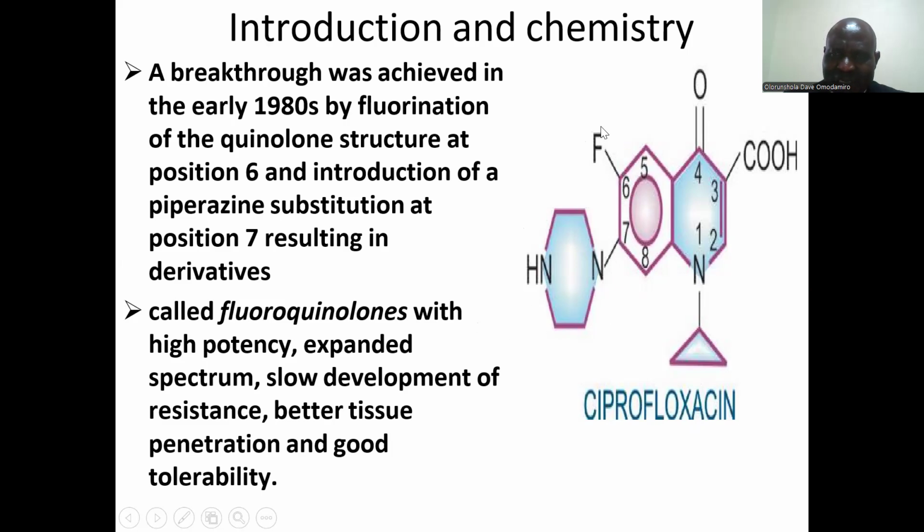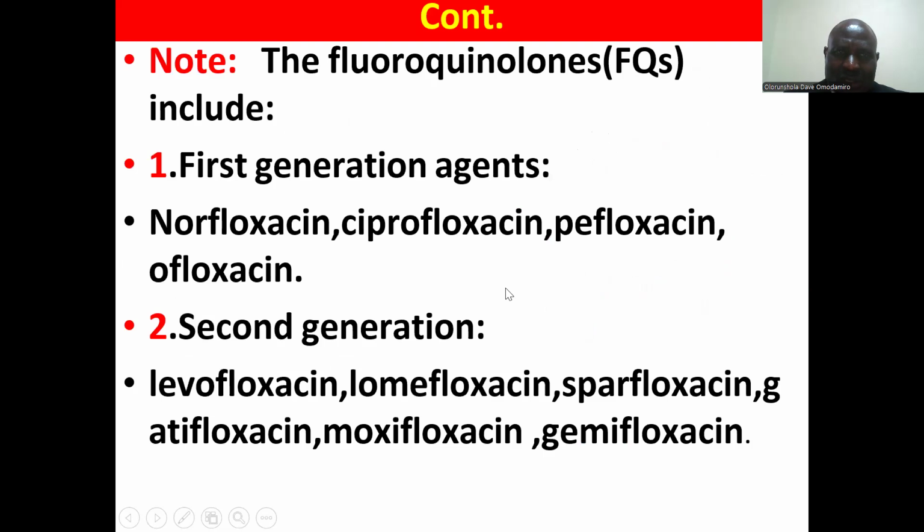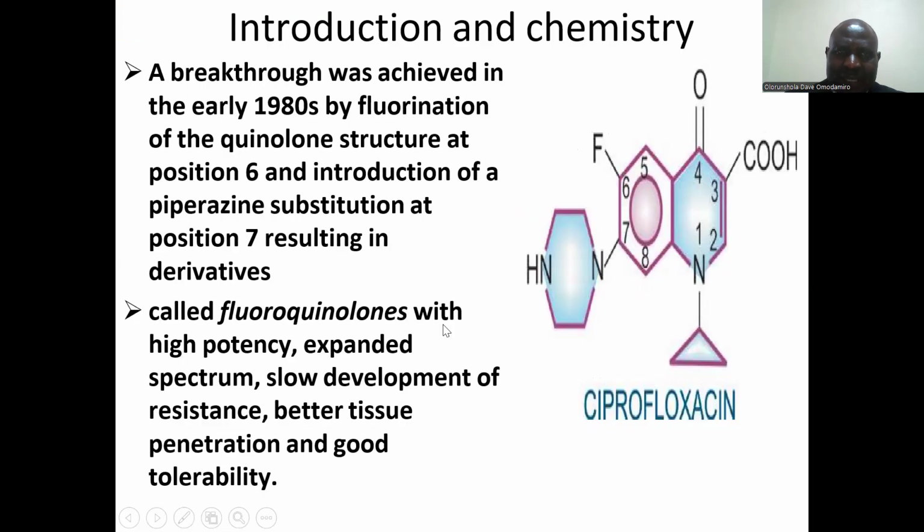As I've said, because of this fluorination of this quinolone, it has a high potency, it has an expanded spectrum, and also the development of resistance is lower compared to nalidixic acid, and it has better tissue penetration and also good tolerability.